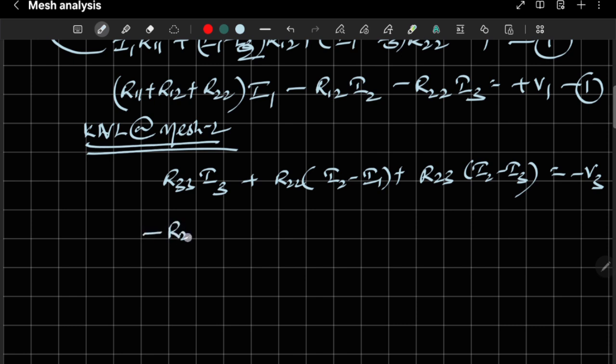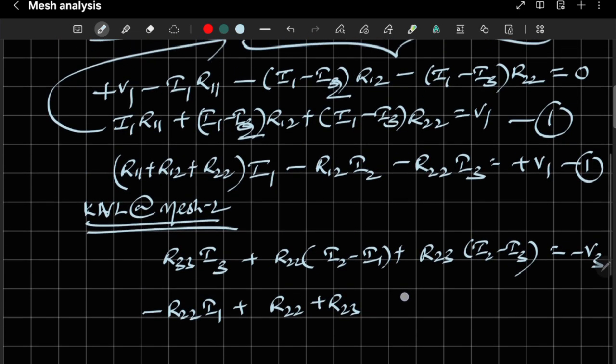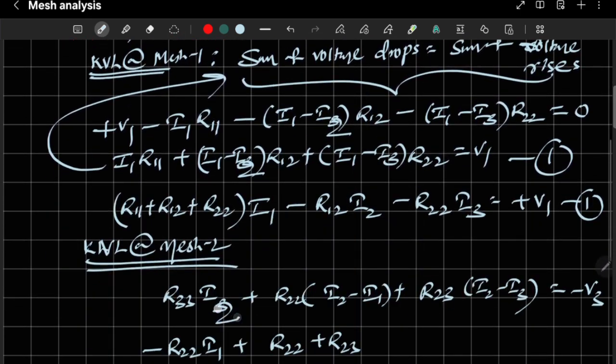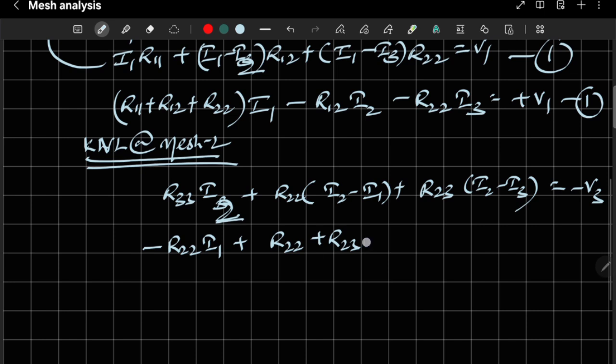I will write minus R22 into I1, and R22 plus R23, into I2, plus R33 into I2. What about I1? I1 is over, I2 is over, I3 is here: minus R23 into I3 is equal to minus V3.